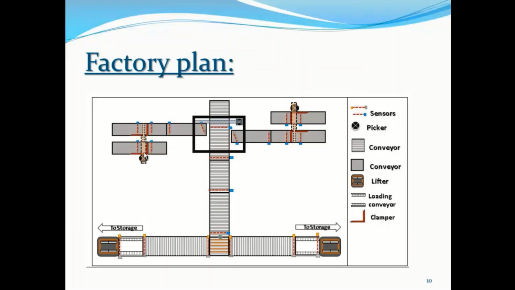Each conveyor contains a clamper, some sensors, and a picker, which is going to pick the green or the blue lid and put it on the base. This is the base conveyor, and this is the lid. The lid is going to be picked from here and put on the base. Same thing on the other side. It just differs between blue and green.